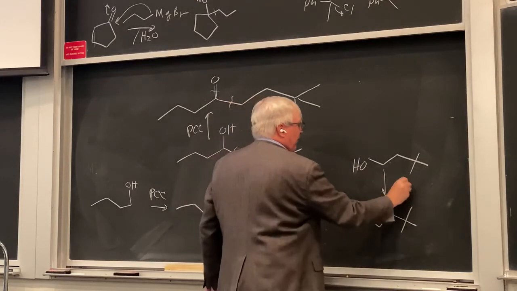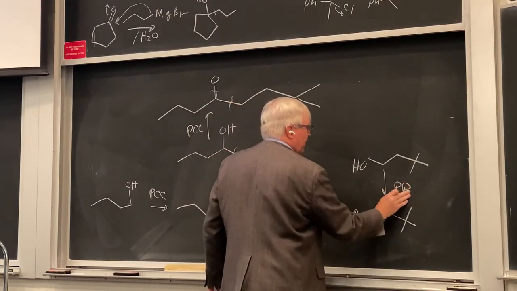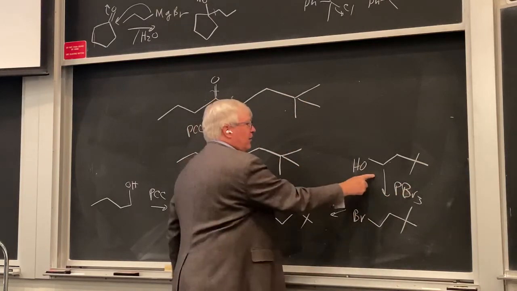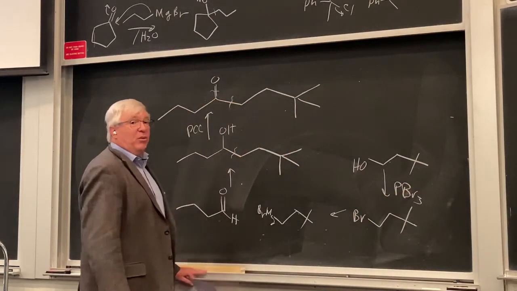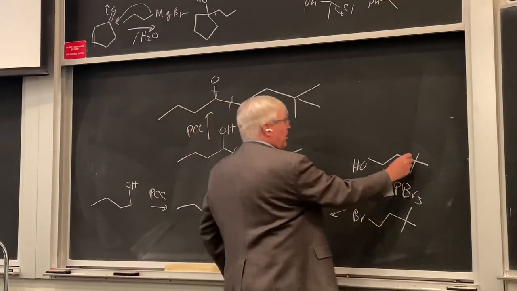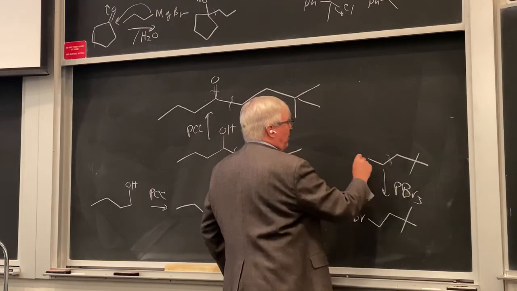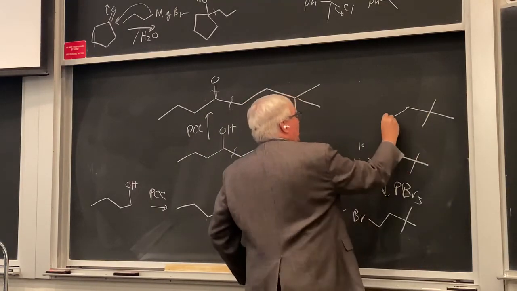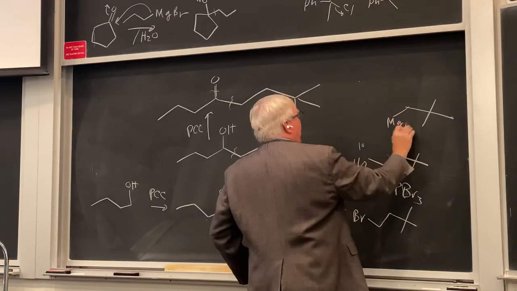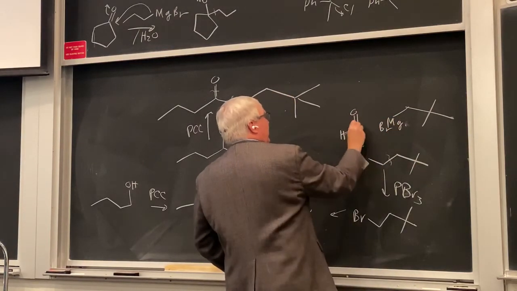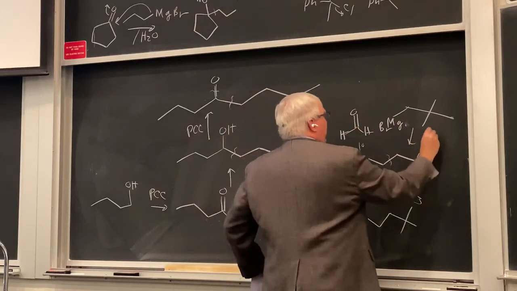And this would be what? Phosphorus tribromide. Yep. And how do we make this? There's a couple things we could do there. I like this approach. Well, we could think this is a primary alcohol, right? We could have this Grignard, bromide, and then what aldehyde would it be? Yeah, formaldehyde. Now that would do it.